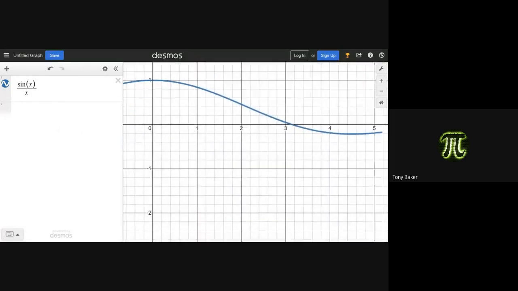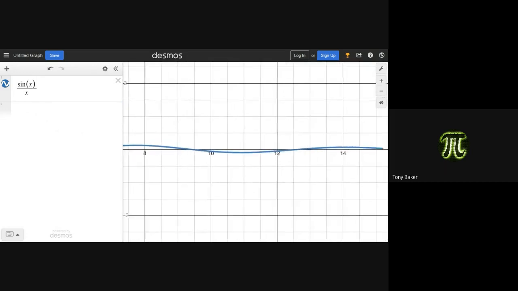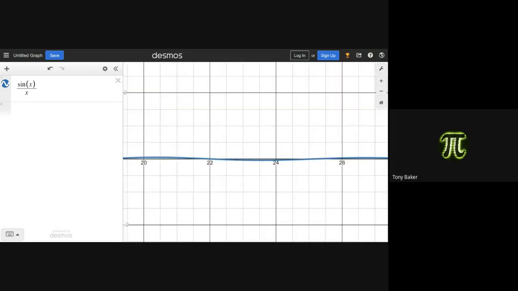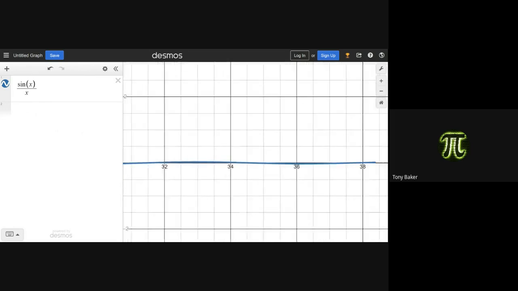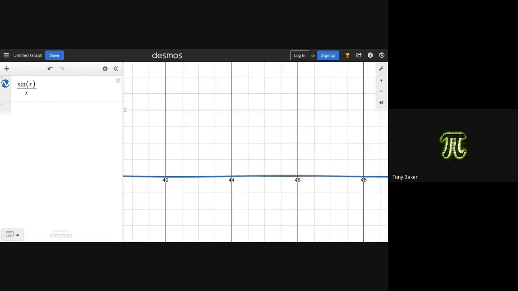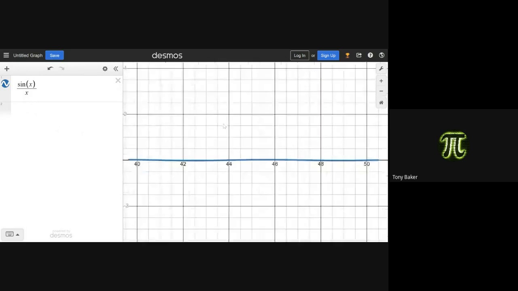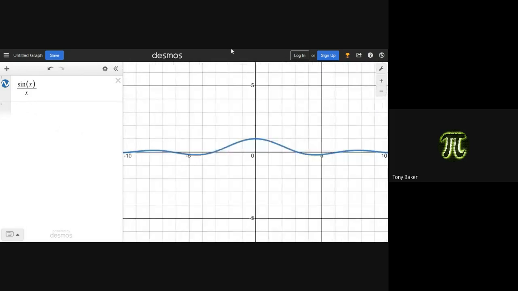As it oscillates, it's getting closer and closer to 0. The top keeps flipping back and forth between -1 and 1, but as the bottom gets infinitely large, that top number is not going to matter as much. The bottom gets bigger faster, and that's why it goes to 0.